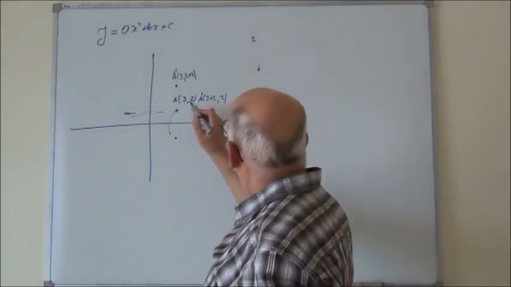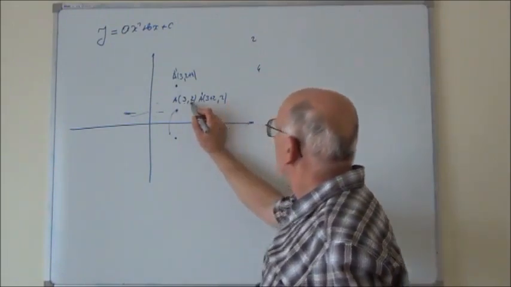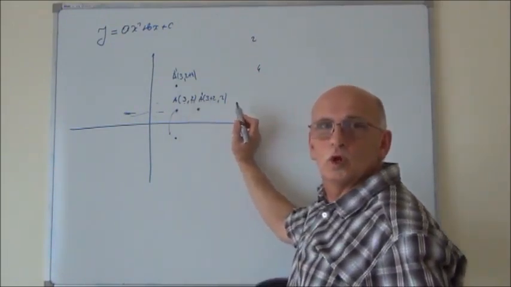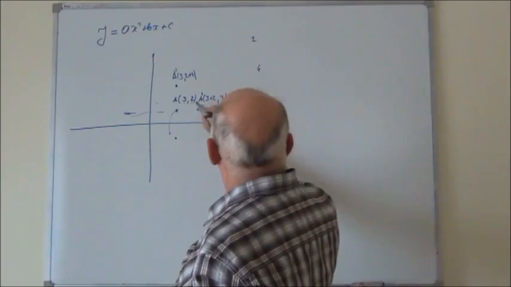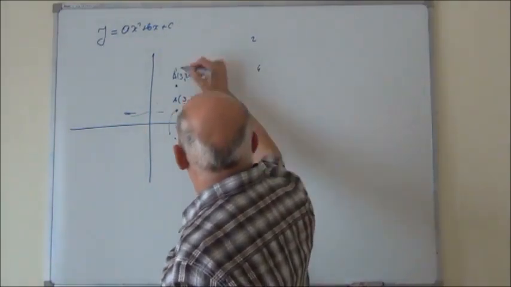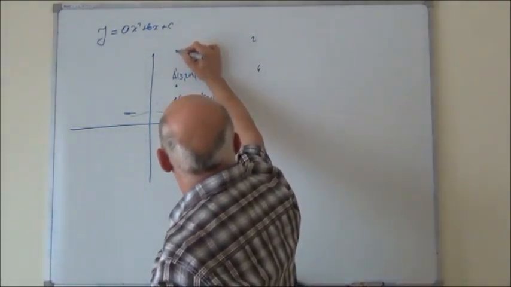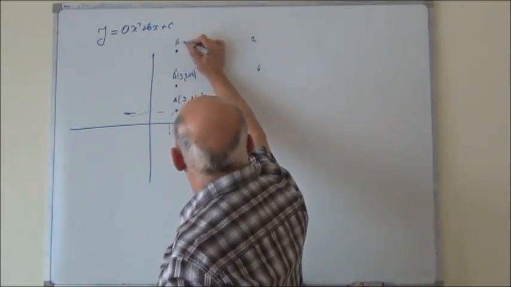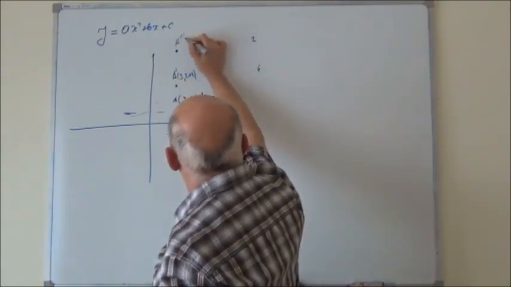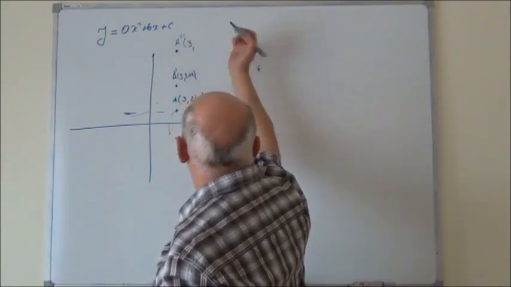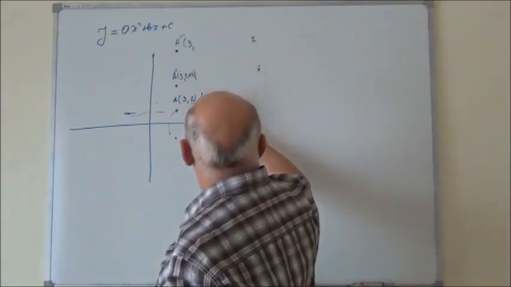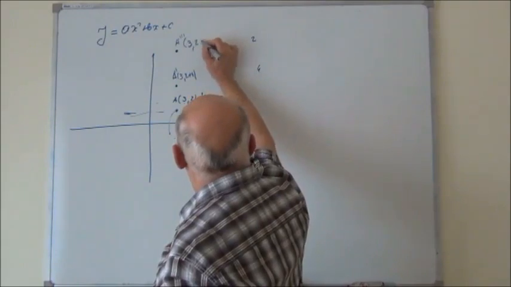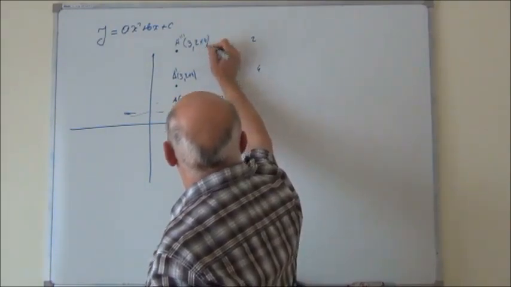Then we multiply the y coordinate by 2, so it will be 2 times 4, which is 8, and that point will be somewhere here. For x of course it stays the same, but for y it will be 2 multiplied by 4.